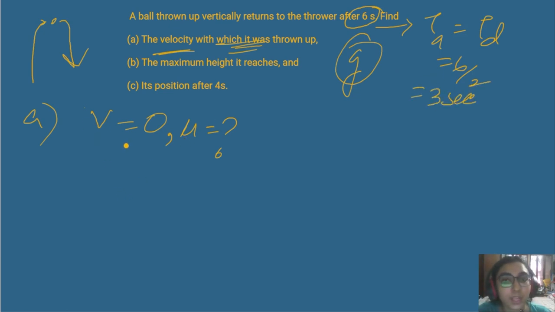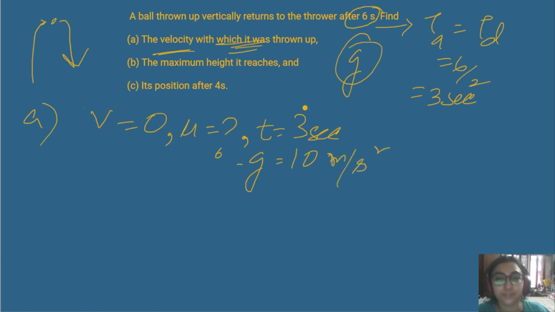Okay. So how will we find out here? We don't know u, we have got the time equal to 3 seconds, and we know g equals, let's take 10 meter per second square here, just so that the answer comes in a whole number.